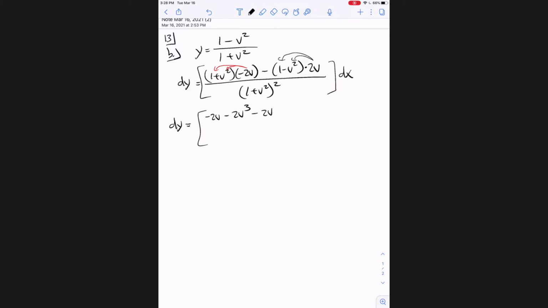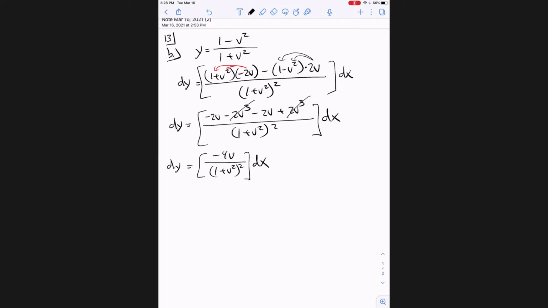So minus 2v plus 2v to the third all over 1 plus v squared times dx. So then let's see here. The minus 2v to the third plus 2v to the third cancel out. You got negative 4v over 1 plus v squared times dx. All right, does that make sense for 13b?